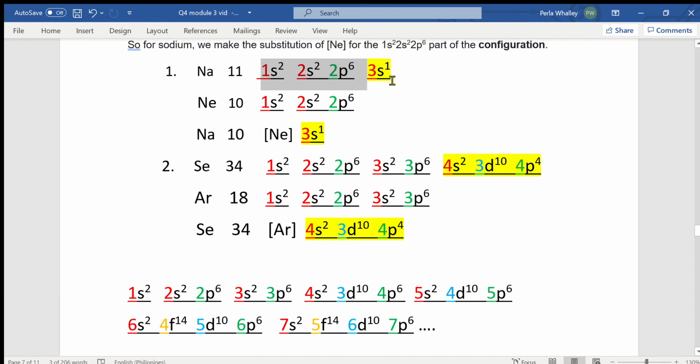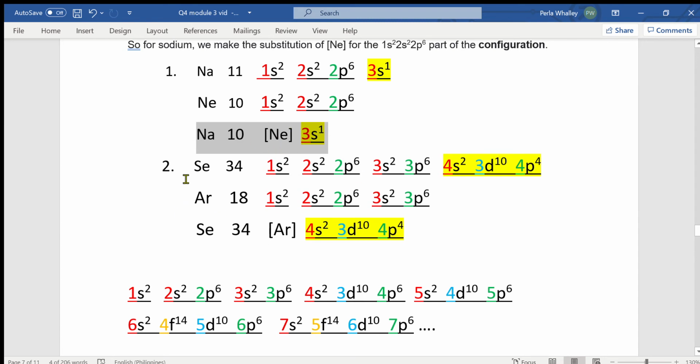What is left is 3s1, which is not included in the electron configuration of neon, so you just add 3s1. That means sodium has the electron configuration of neon plus 3s1. That is the abbreviated electron configuration of sodium: neon in brackets, 3s1.